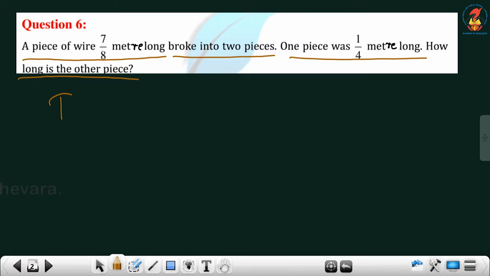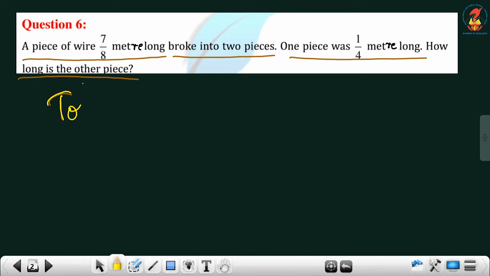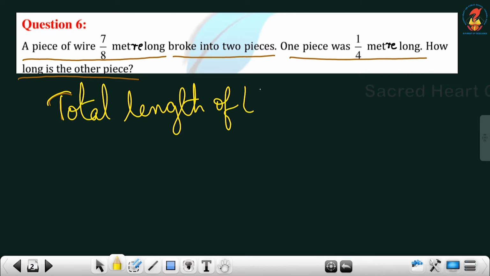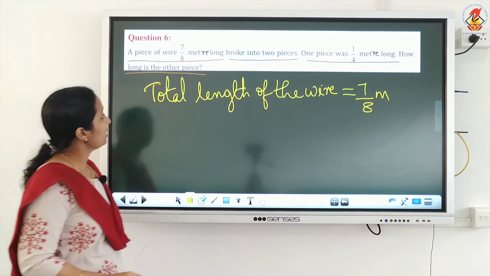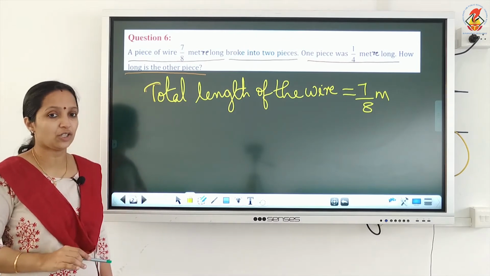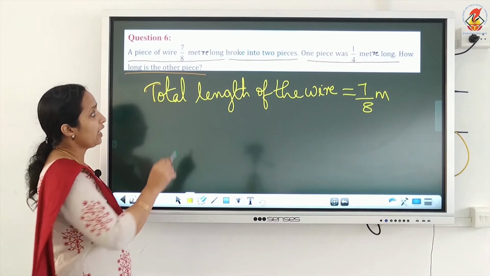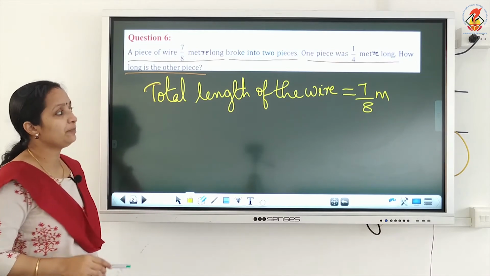Okay. So first you have to write the statements. It's a word problem. What is the total length of the wire? Total length of the wire is equal to 7 by 8 meter. A piece of wire is 7 by 8 meter long means that is the total length of the wire, and it broke into two pieces and the length of one piece is given there.